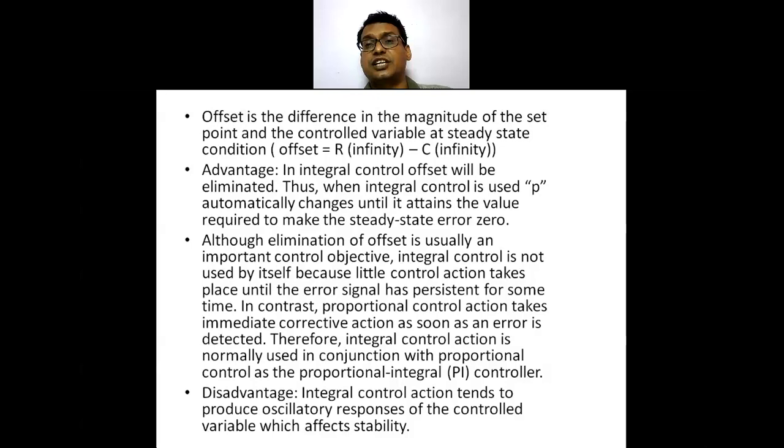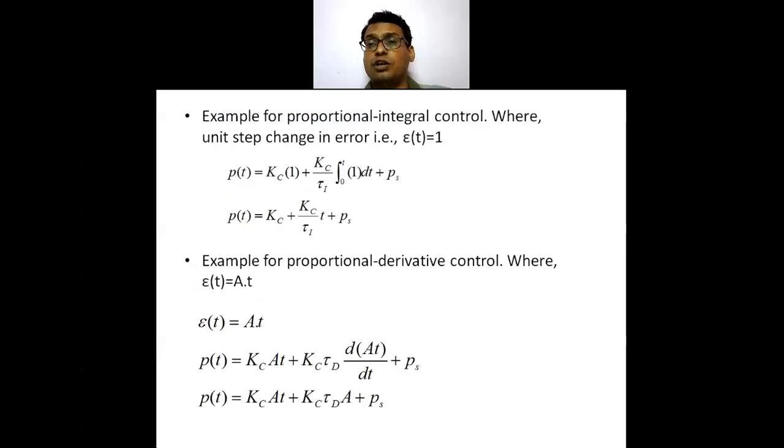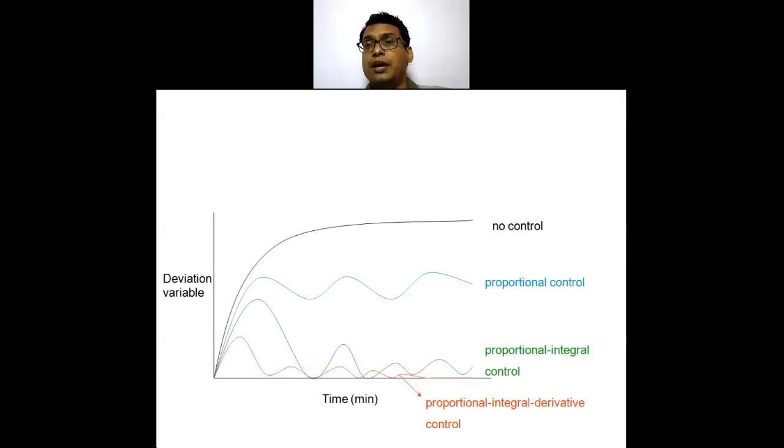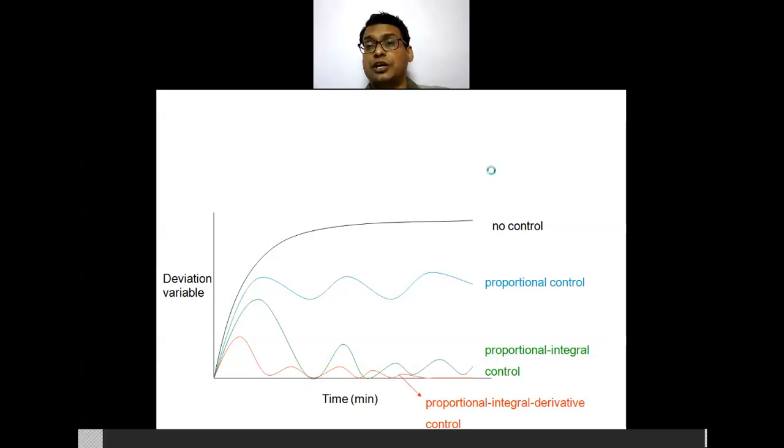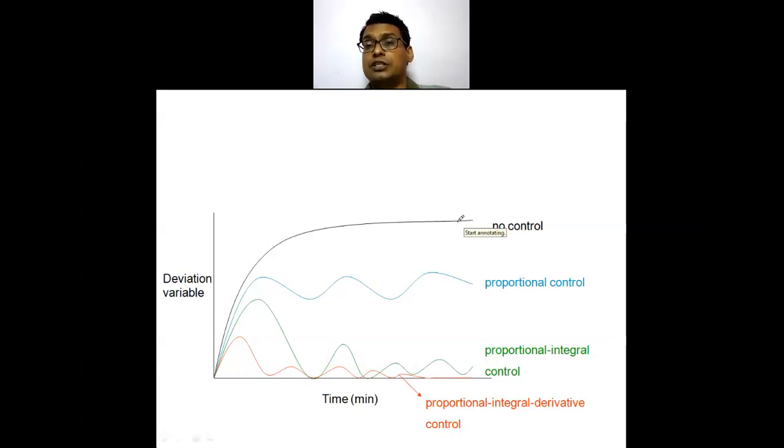So offset is the difference in the magnitude of the set point and the controlled variable. This is the big offset that will be generated for no controller.